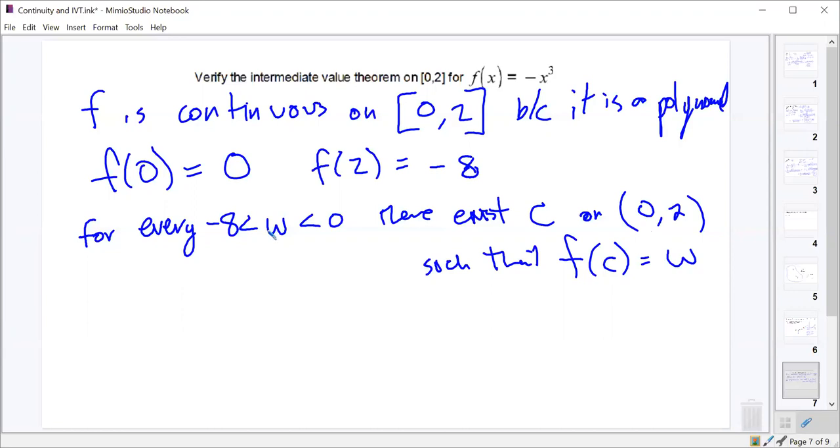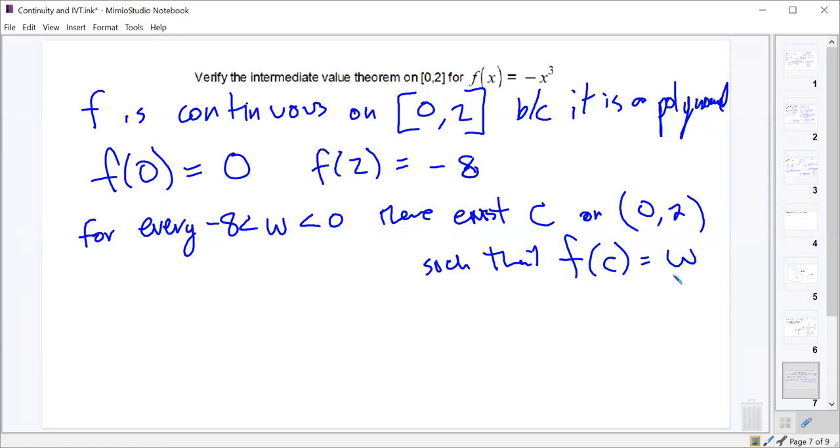What does w equal? Is it c? f of c is w, but w itself is not c. f of c is w.